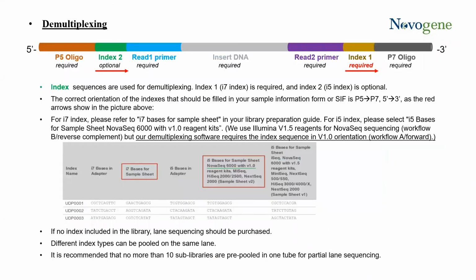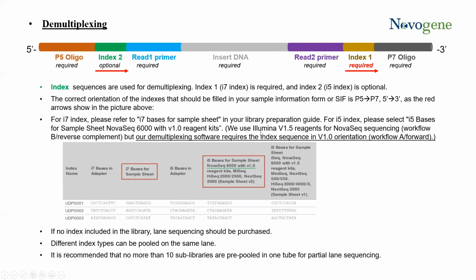So once again, let's just get through some quick information here on indice orientation. As alluded to earlier, the way that your library should be constructed is 5' to 3' orientation. That is read as the arrows depict here. So for us, we ask that you return the forward workflow.